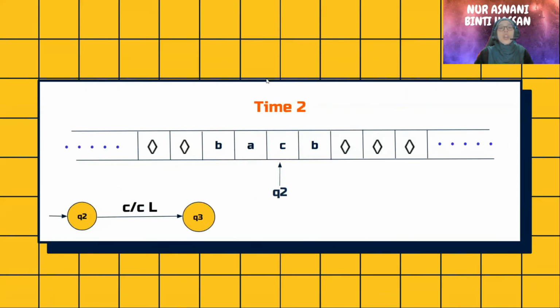So at time 2, we'll read the symbol C and write the symbol C. After that, the head will move to the left, which goes back to the A again.